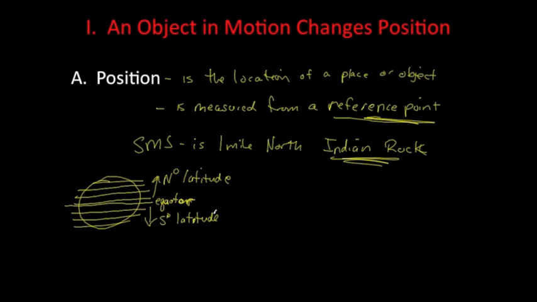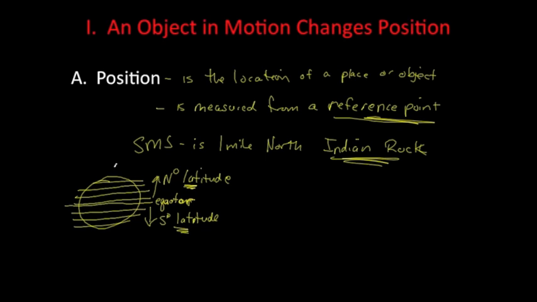Okay, one of the ways I remember that is that latitude is very similar in spelling to altitude. And if you look at the first 3 letters, I know that altitude means how high or low something is. All right? So altitude and latitude, I remember, go up and down.